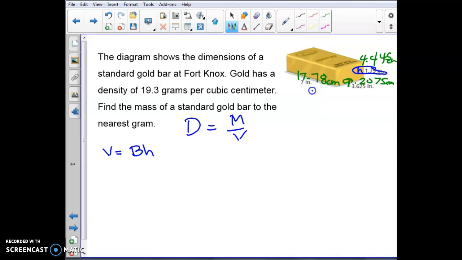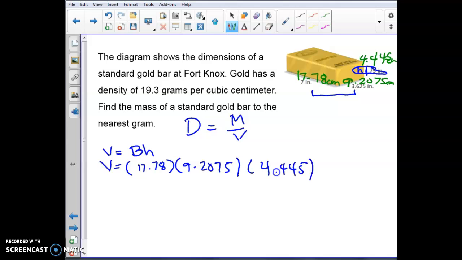So to find the area of the base, you have to multiply these two. So volume will now become 17.78 times 9.2075, and then I have to multiply it by the prism height, which is 4.445.